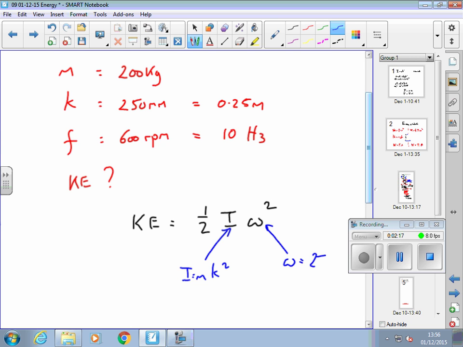Two pi f, good. And I'm given the frequency, so now I can do it. I can work back now to find the angular velocity and I, and then plug them into the formula for the kinetic energy. So again, I'll just pause this video here. You have a go at it. Think about how to think it out, and then we'll look at it.